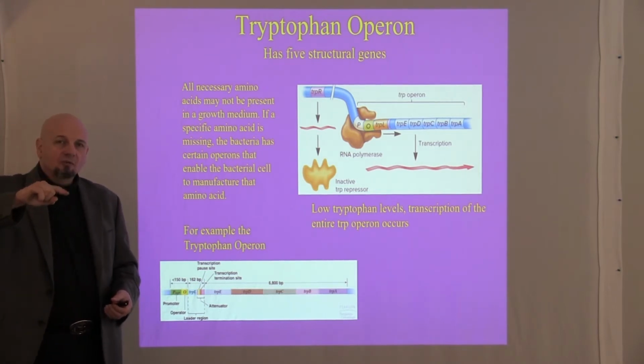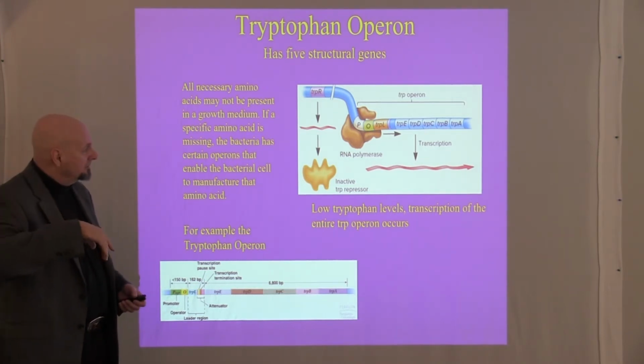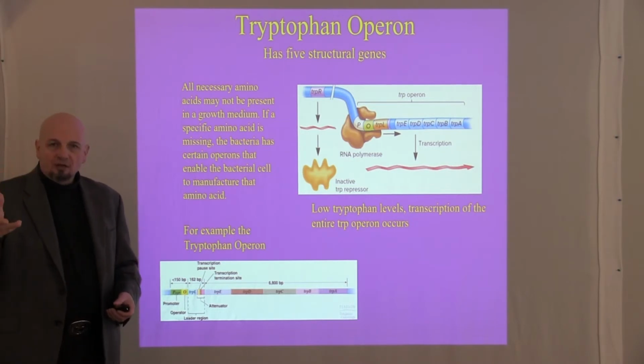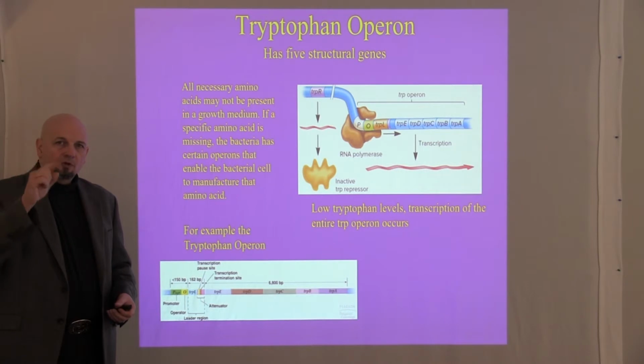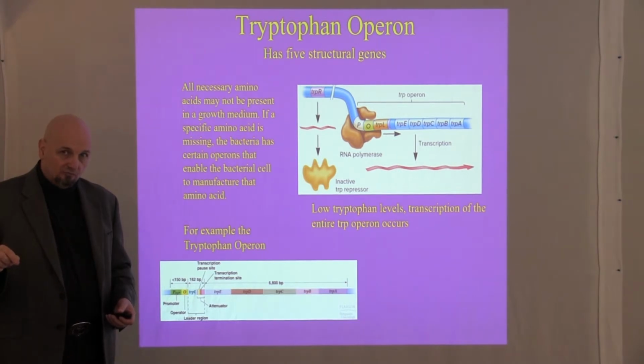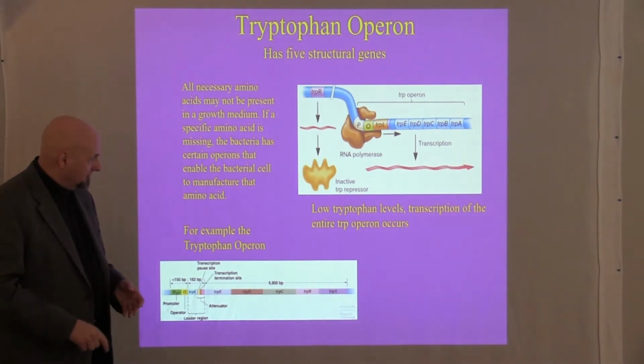This becomes what we refer to as attenuated gene expression, meaning that in the presence or absence of tryptophan, there's going to be an influence on how many of these structural genes you produce. Okay? That's where this comes into play.